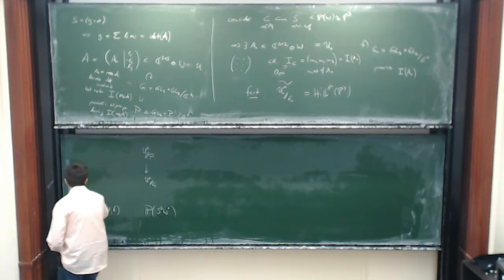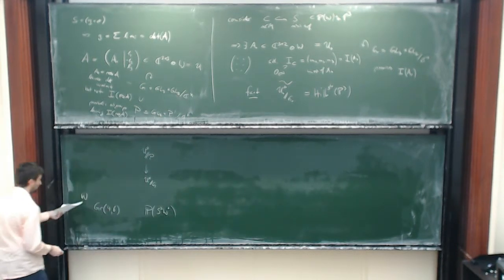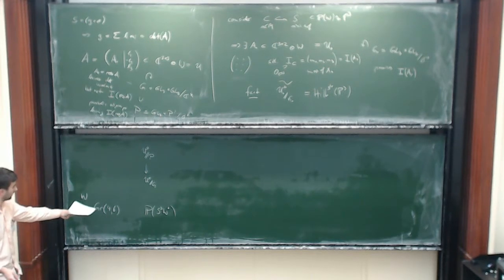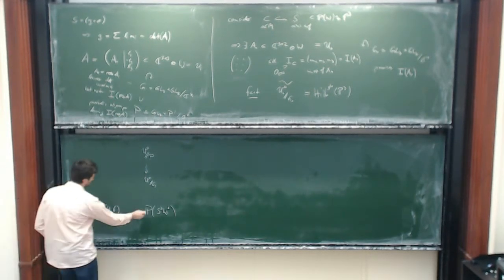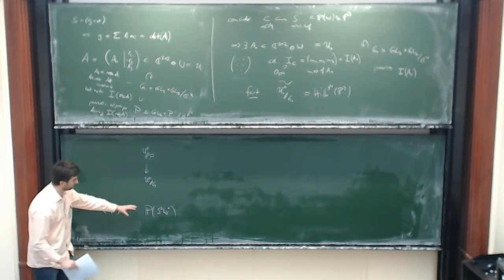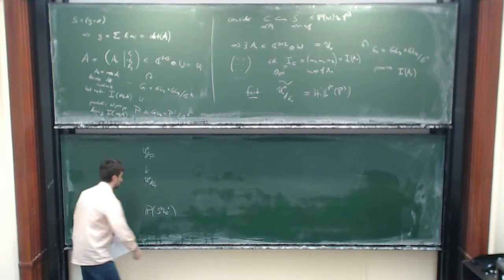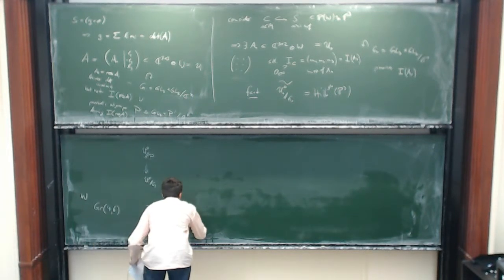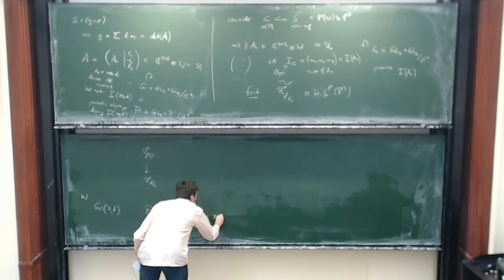So W now is the universal rank 4 bundle over this Grassmannian. This is a bundle over it, and fiber-wise, these are the cubic surfaces. So these are cubic surfaces contained in PW.